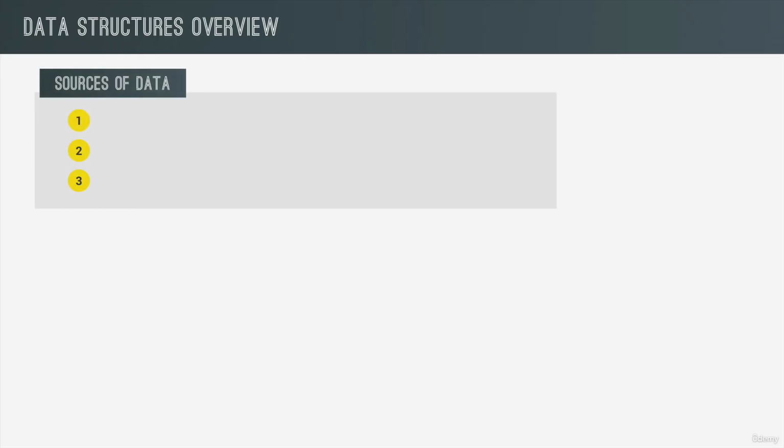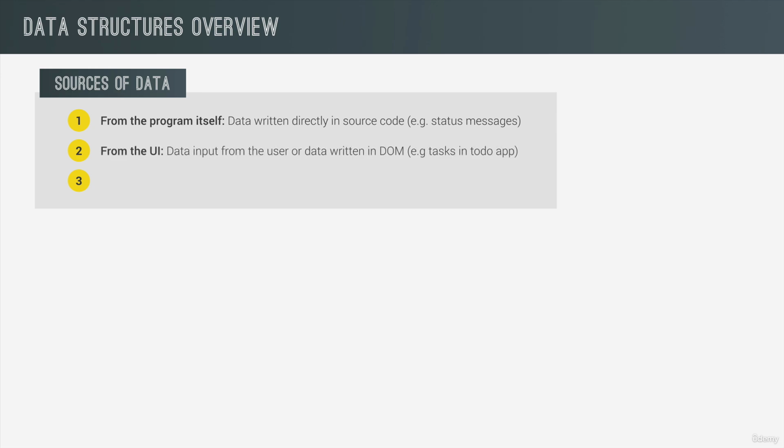And I want to start this video by quickly categorizing where data can actually come from. So there are essentially three sources of data. First, the data can be written within the program's source code itself, like status messages that will be displayed on a web page based on user actions. Second, data can come from the user interface, so from the web page.